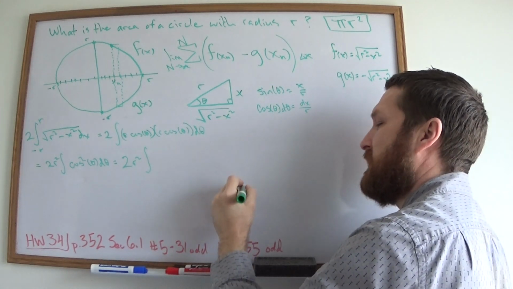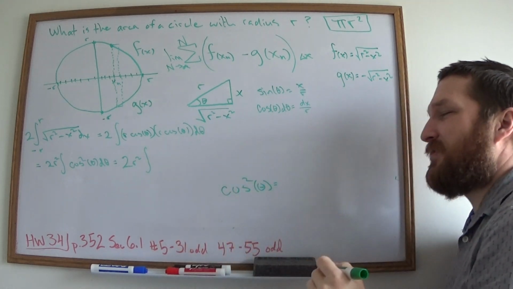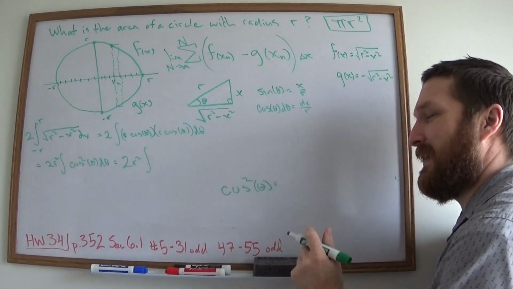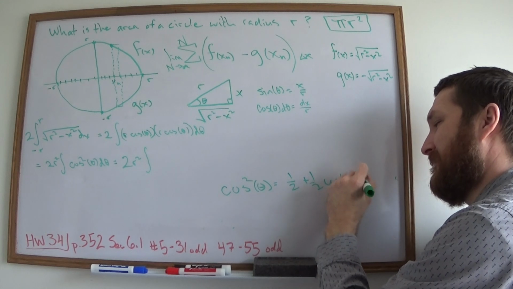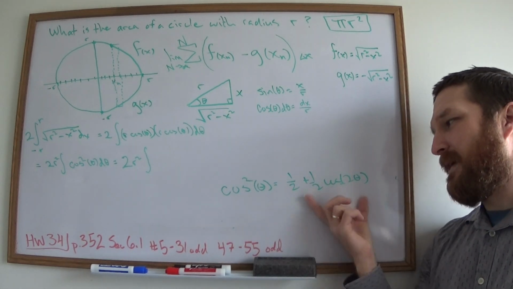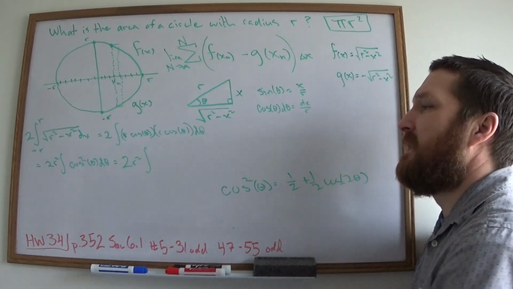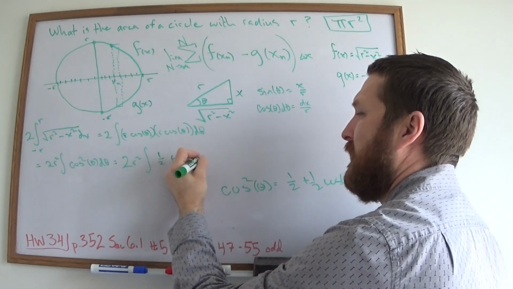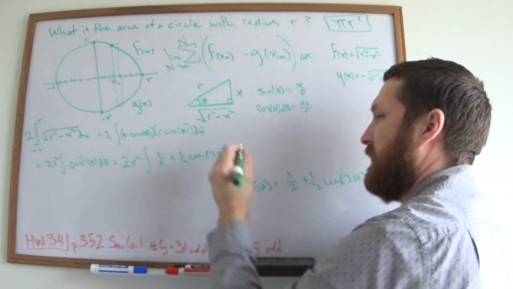This is the one I told you to be able to wake up from a dead sleep and write down. Much easier to integrate this way. So that's what I'm going to do. I'm going to say 1/2 plus 1/2 cosine 2 theta d theta.